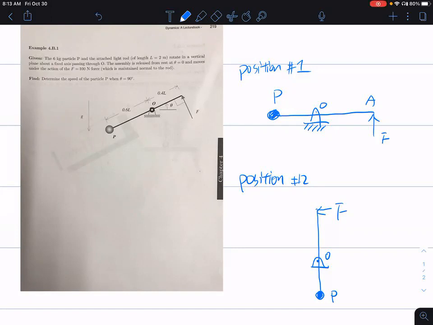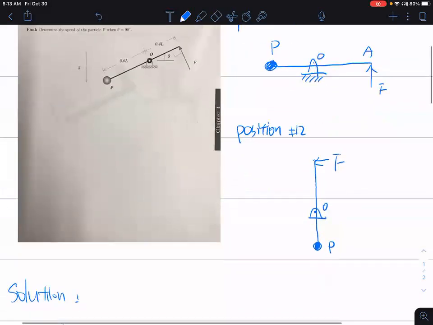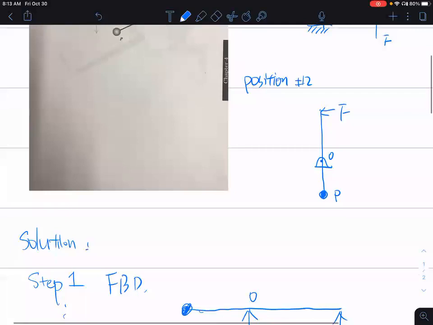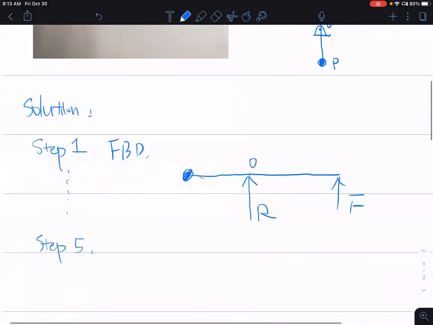The rod is lightweight, so there's no mass, but all the weight is in the particle. So our particle should have a weight force. Those are the three forces you should have on your free body diagram. It doesn't matter which angle that rod is at, you should always have three forces on your free body diagram.